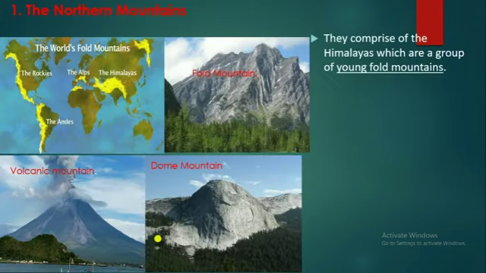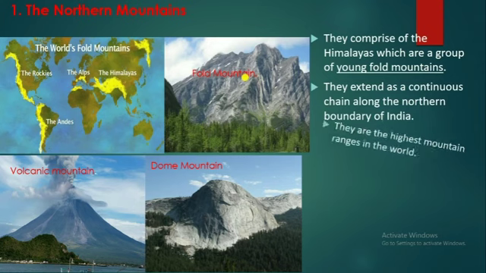Next we discussed about the northern mountains. These northern mountains are the group of young fold mountains. I told you in the last class itself, fold mountains means like this kind of shape. And they are the recently formed, therefore we call them as young. They extend as continuous chain.